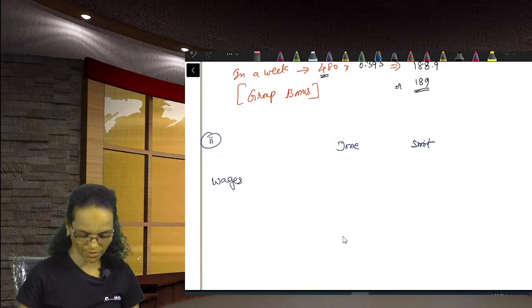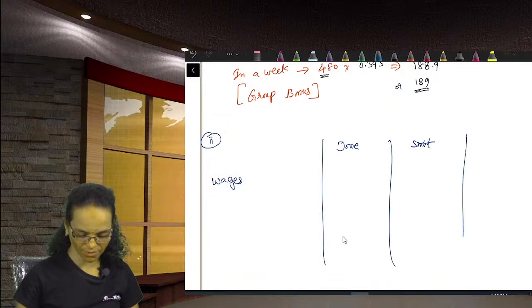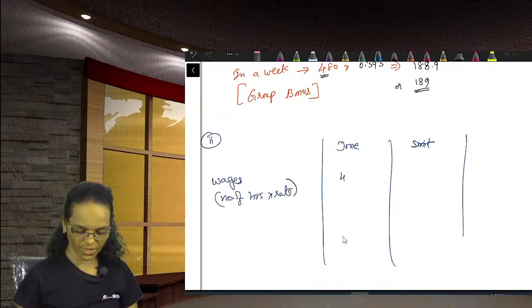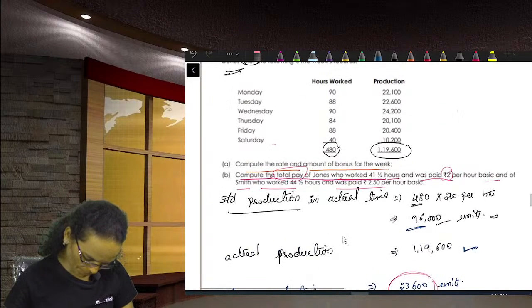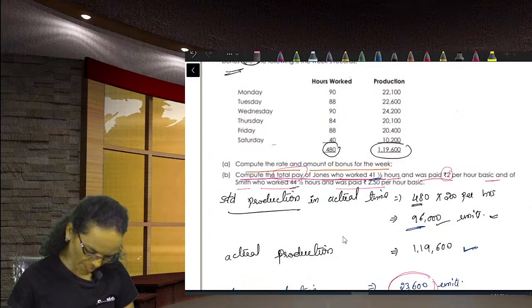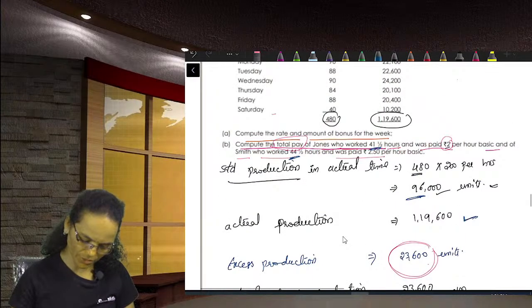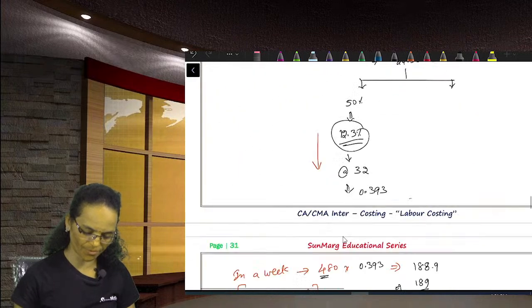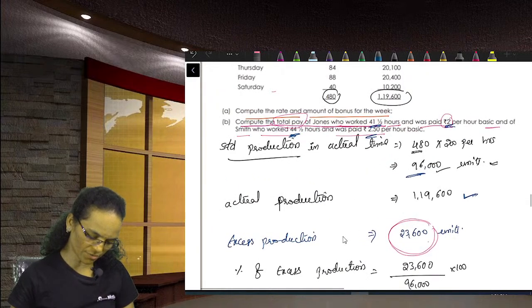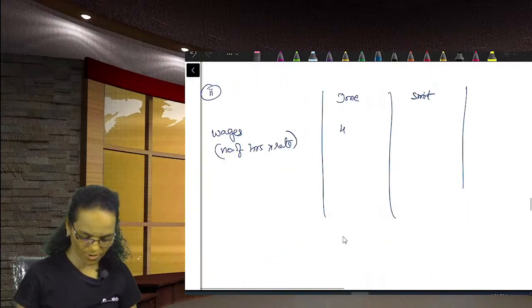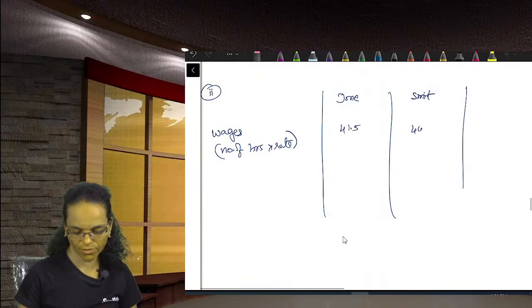Wages: how will we calculate wages? Number of hours worked into rate per hour. He worked 41 and a half and 44 and a half hours.